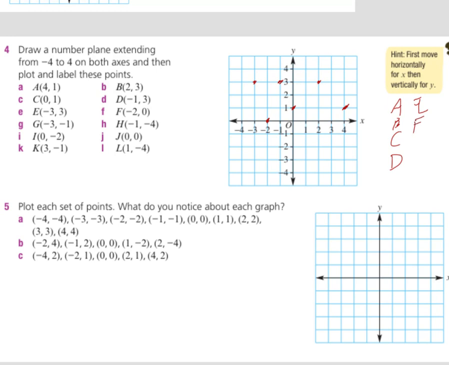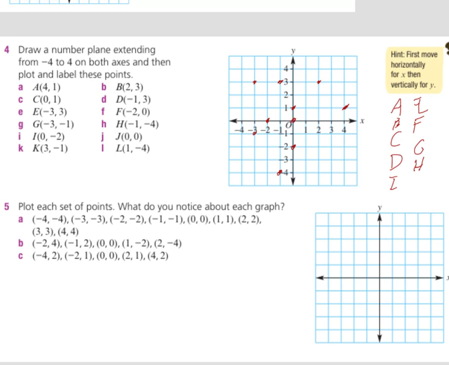G will be -3, -1. H will be -1, -4. It becomes second nature once you practice these enough. I is going to be 0 and -2. J is at the origin of 0, 0.